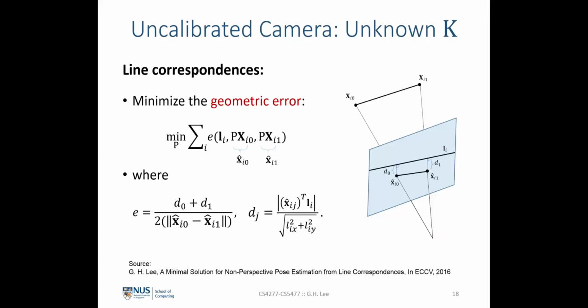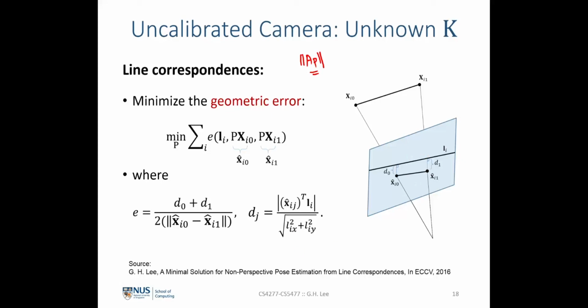So once we have found the solution, an initial solution from the algebraic error, as before, we know that minimizing the algebraic error given by the norm of AP here simply doesn't mean anything physically, except that we are just minimizing the mathematical equation such that A multiplied by P gives us 0. But in the geometric sense, there's actually no meaning to this particular error.